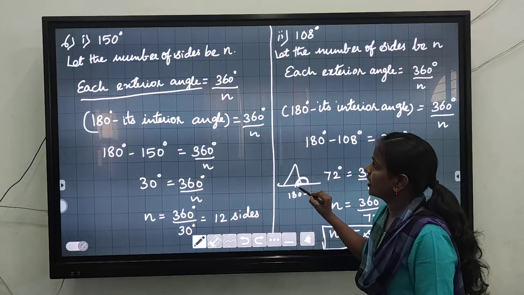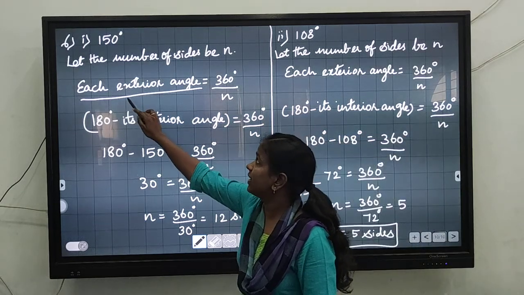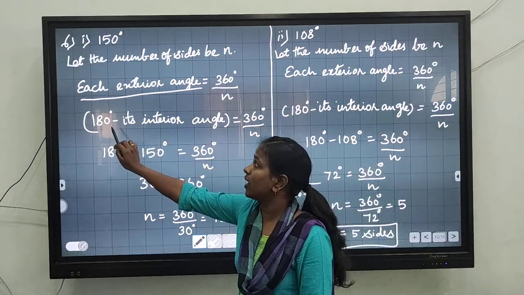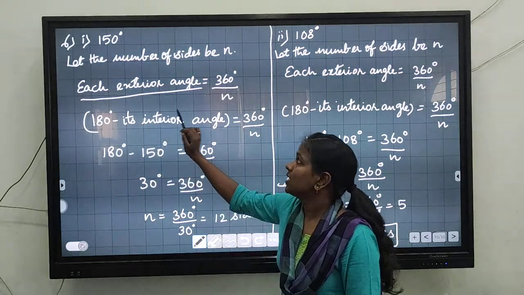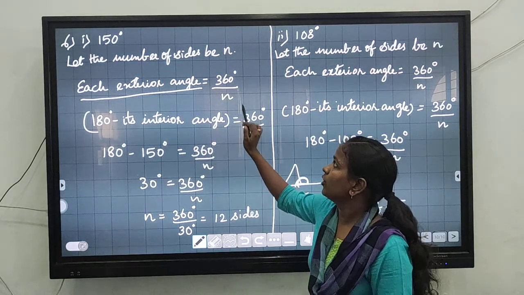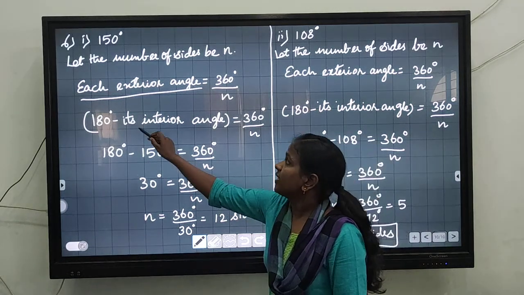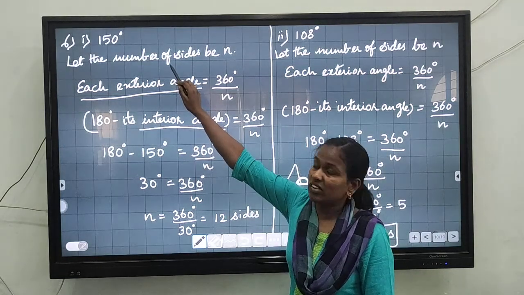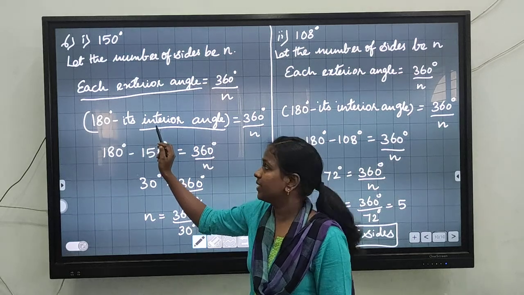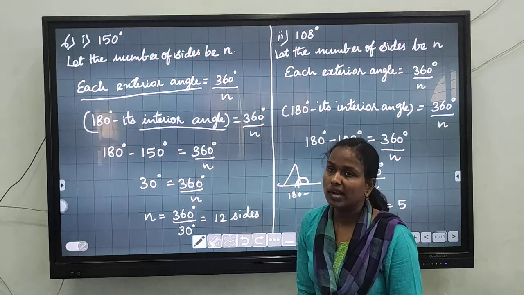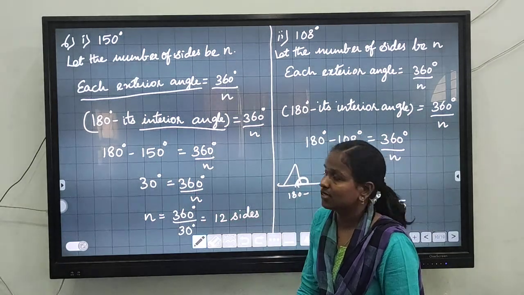So instead of each exterior angle, I am writing 180 degree minus its interior angle equal to, right hand side as it is, 360 degree divided by n. Its interior angle is given in the question, that is 150 degree. So in the place of its interior angle, I am substituting 150 degree.